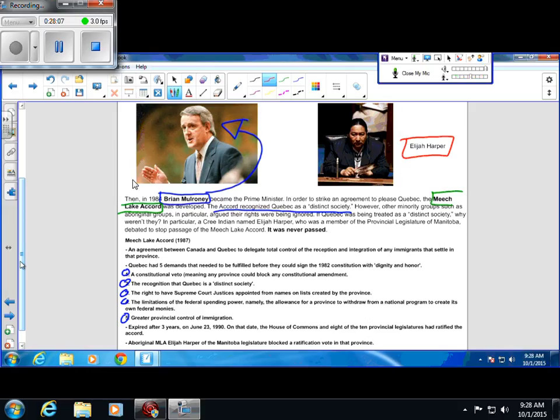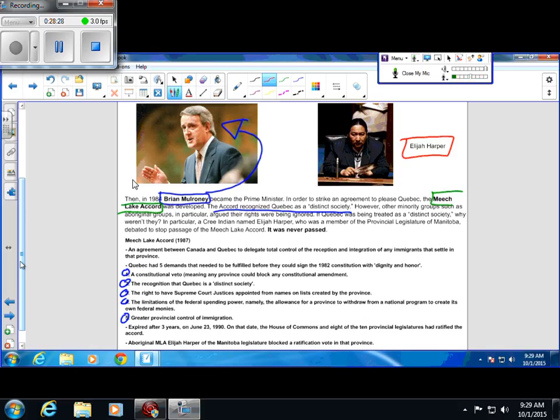Nope. Okay. So he's an interesting figure. He is First Nation, so Elijah Harper is First Nation. So I thought maybe some of us may have recognized his name. Again, he's a key political figure in terms of Canadian history and what he did.